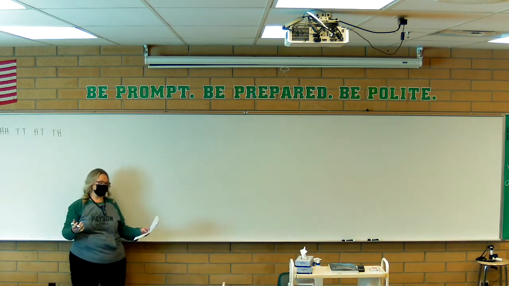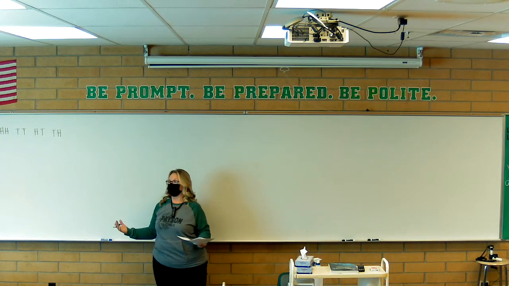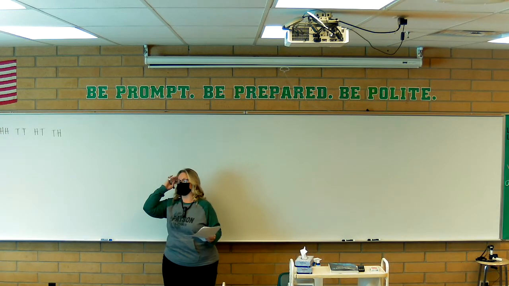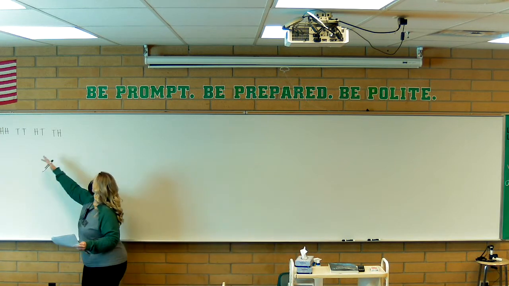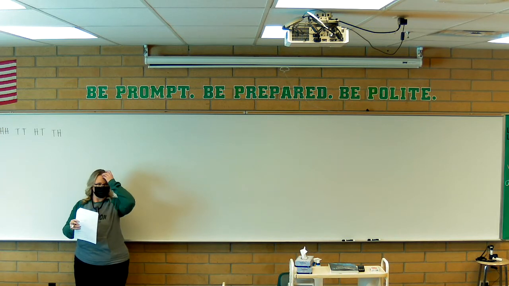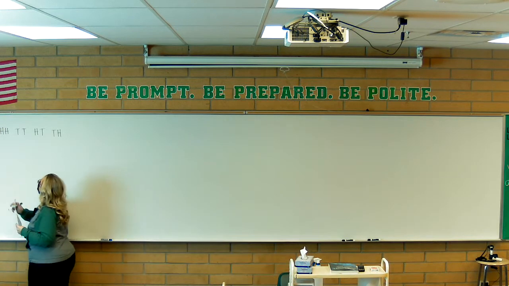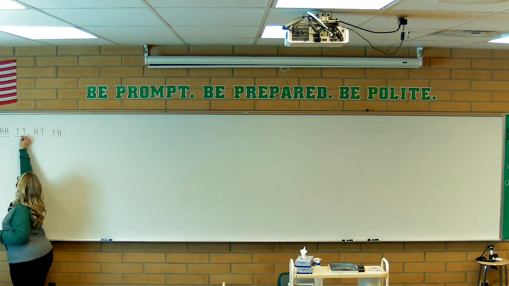And why would that be helpful? Because maybe the question says, what's the likelihood or what's the probability of getting the same thing both times? Well, which ones of these are the same thing both times? That one and that one.